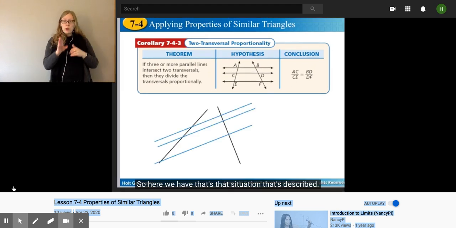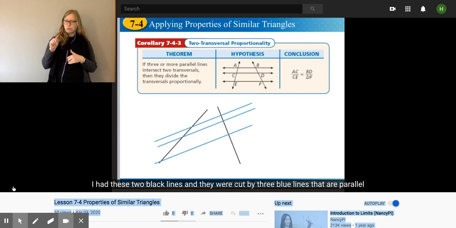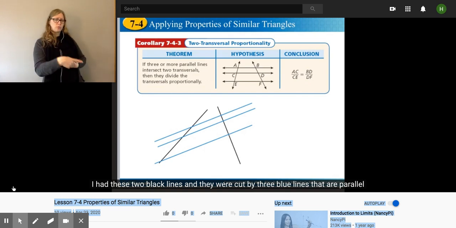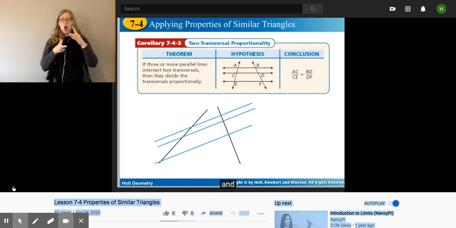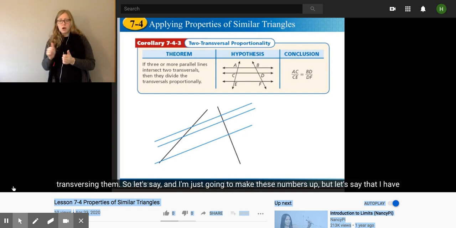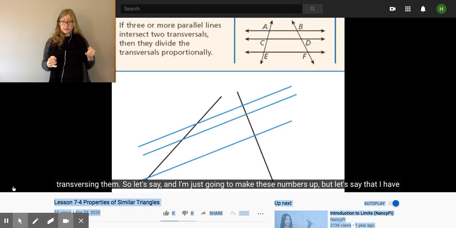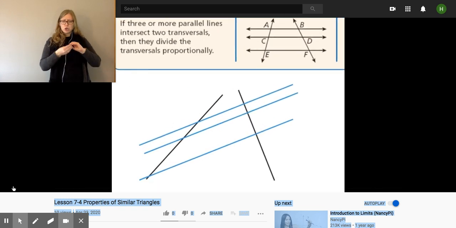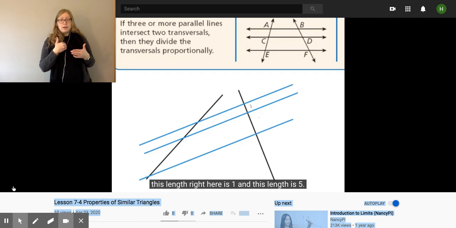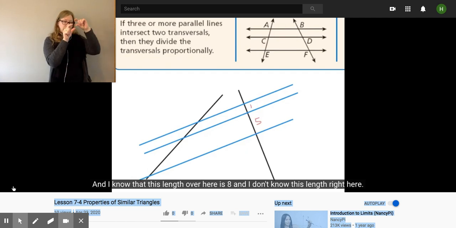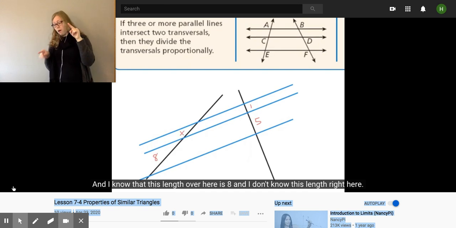So here I have that situation that's described. I have these two black lines, and they are cut by 3 blue lines that are parallel and transversing them. So let's say, and I'm just going to make these numbers up, that this length right here is 1, and this length is 5. And I know that this length over here is 8, and I don't know this length right here.